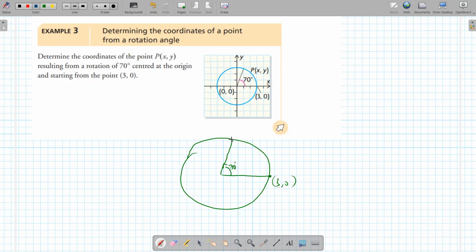Now the question is, what's this new coordinate? And you have to think about this in terms of SOHCAHTOA. Look at that triangle. Do we know any dimensions of that triangle? We know one side length of that triangle.